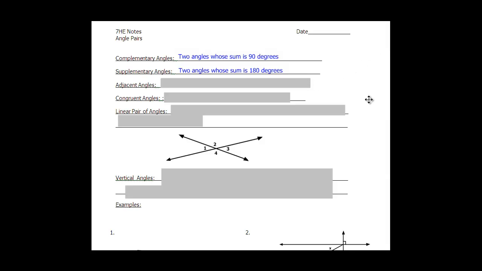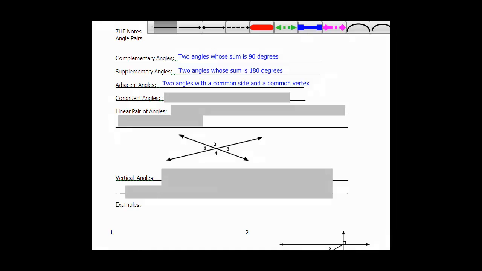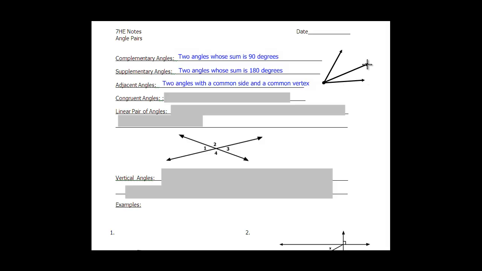Adjacent angles. If you're adjacent to somebody, you are next to them. So adjacent angles are two angles with a common side and, excuse me, a common vertex. What that means is if I were to draw an angle here and an angle here, and then maybe split it somewhere in the middle, these are two angles that have a common side here, and a common vertex here.